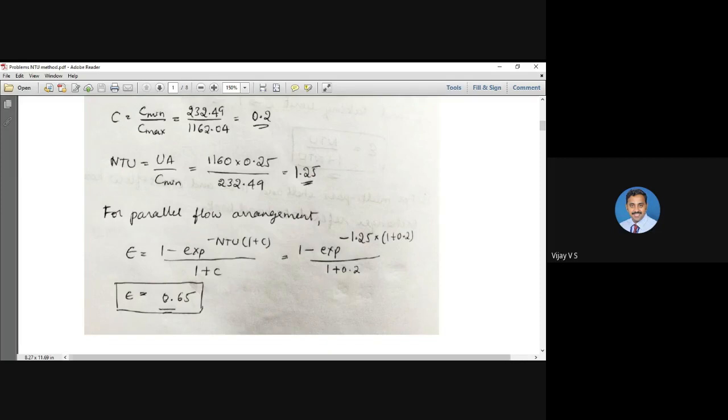Now the same I can find out using the chart also, right? The capacity ratio is 0.2. So I will just show you the graph, the effectiveness chart for parallel flow.